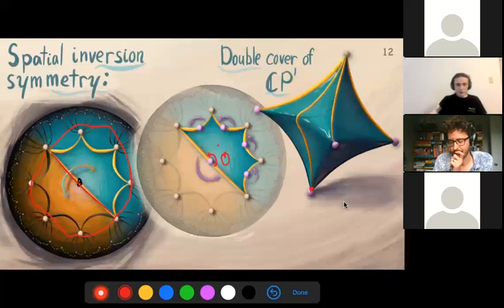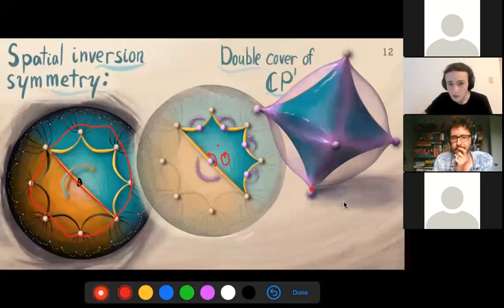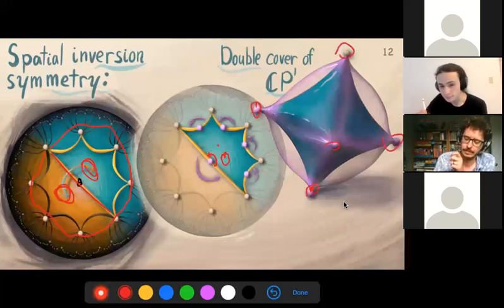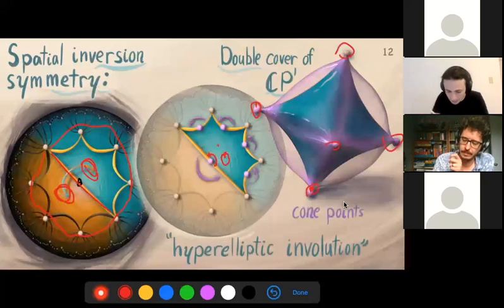So from this point of view, we can see what our original Riemann surface looked like. It was just a double cover of this space, because we have one factor that's a CP1 and another factor that's a CP1, and they merge together at each of these branch points. So this whole exercise is just to say, the lattices of spatial inversion symmetry correspond to hyperelliptic curves.